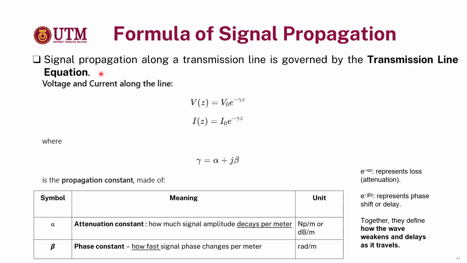Signal propagation along a transmission line is governed by the transmission line equation, voltage and current along the line, where V(z) equals V0 e^(-γz), I(z) equals I0 e^(-γz). I0 is the amplitude, V0 is also the amplitude. γ equals α plus jβ, where α is the attenuation constant and β is the phase constant.